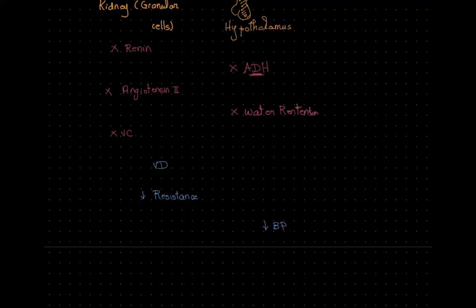And if I don't have that water retention, I have water loss. And if I have water loss, this means what for me? This means a decrease in my blood volume, which will result in a decrease in my blood pressure.